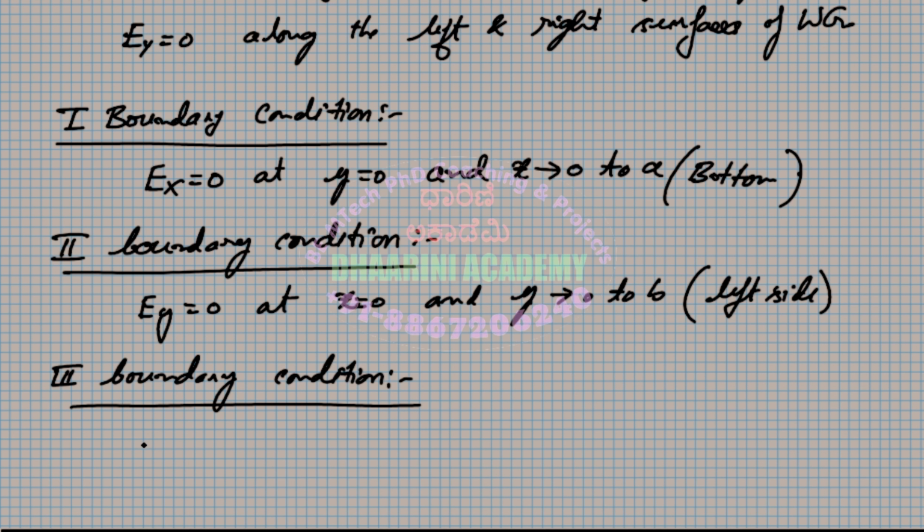So this is how we write it: Ex equal to 0 at y, which has a fixed value equal to b. And what is the range of x? x starts from 0 and goes till a. So this is the top side wall.